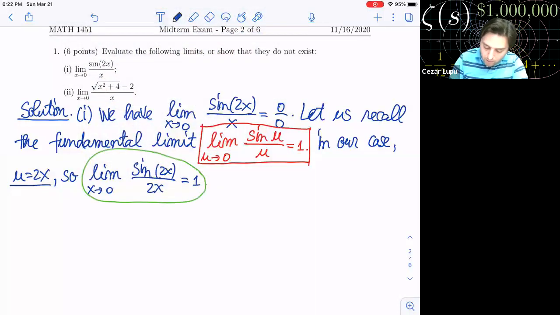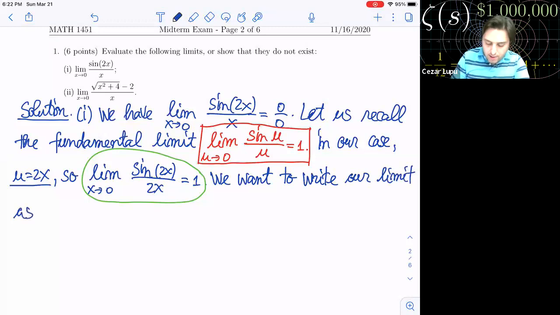So let's write our limit here: the limit as x approaches 0 of sine of 2x over x.